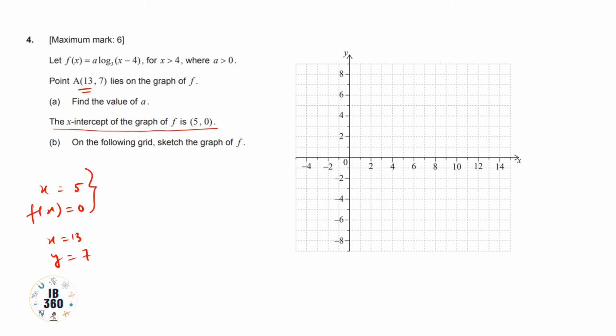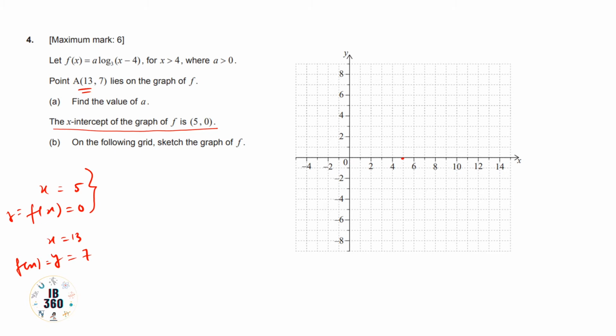So we will find out these two points. First, if x equals 5, then f(x) equals 0, or I am writing here y equals 0. So if x equals 5, then y equals 0. So this point is there.